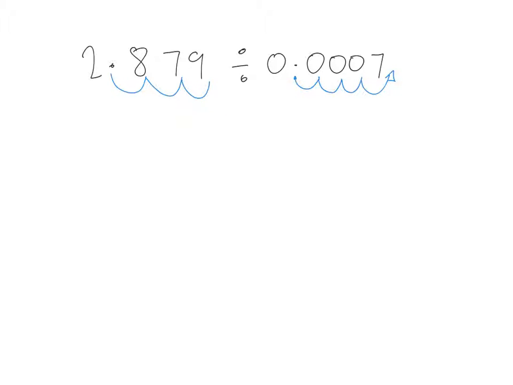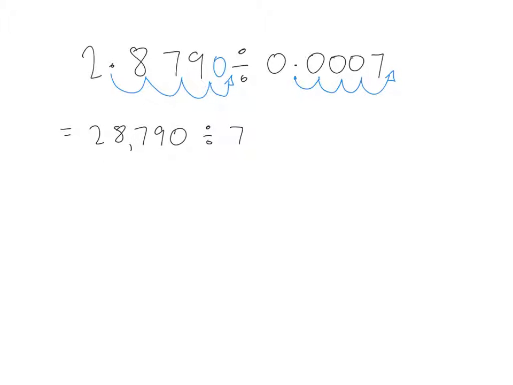So again, because this is a decimal number, after the decimal point, I can add zeros to my number without it being a problem. And so there's my 4th bounce there with a 0. And so I can say that 2.879 divided by 0.0007 is simply equal to 28790. So 28,790 divided by 7.